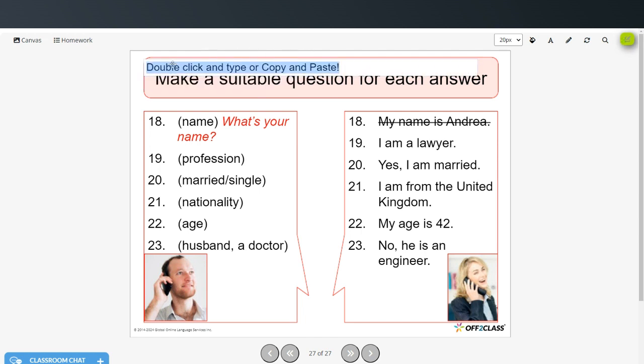All right, so profession could be what do you do? Or what is your job? Married or single? It could be a yes or no question. Are you married or single?